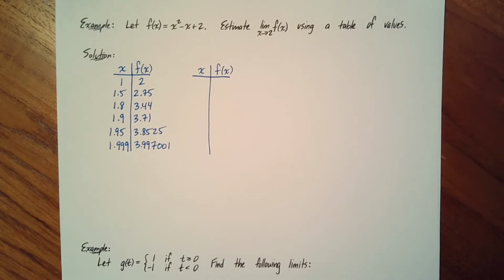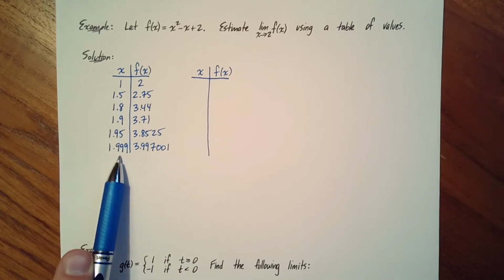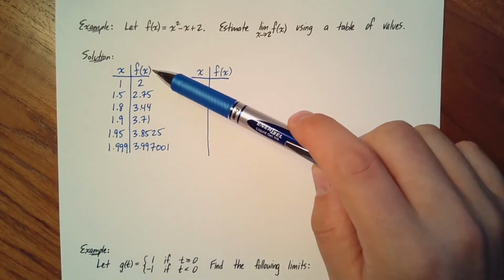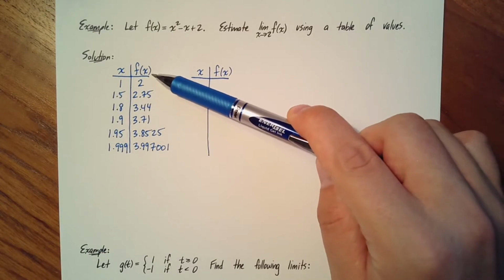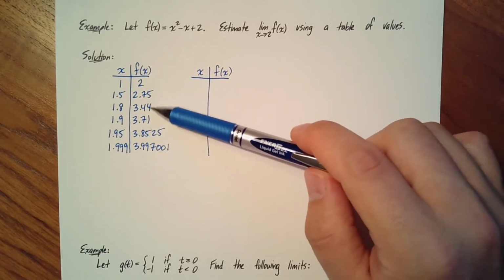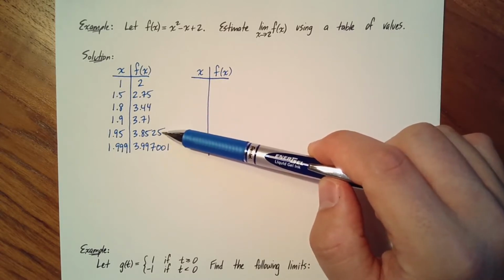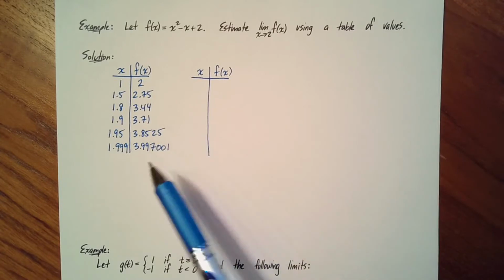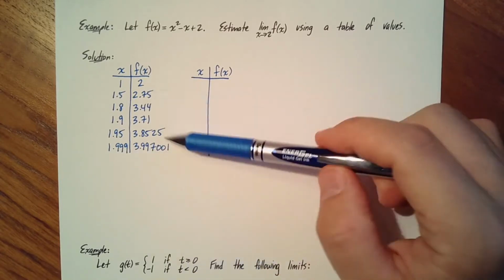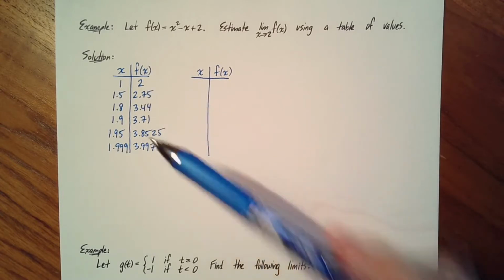Okay, so what's happening? Let's examine the trend. As the values of x get closer and closer to 2 from the left, what are the corresponding function values doing? We've got 2, 2.75, about 3.5, 3.85-ish, and 3.997, which is quite close to 4. In hindsight, the trend looks like these values are getting closer and closer to 4.